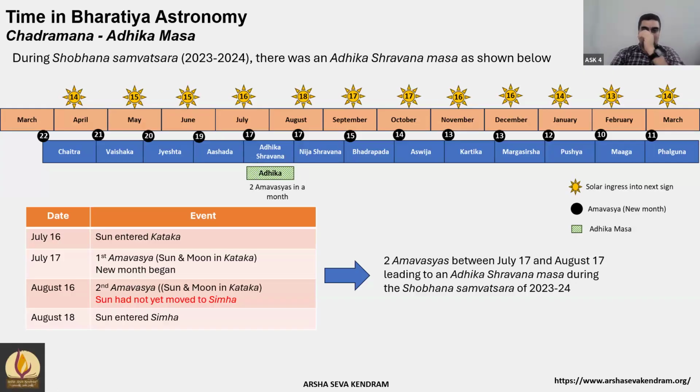If time permits, I could show this using the Jagannath Hora, but probably in the interest of time, I will skip it. But the point to remember here is that the Adhika Masa is basically two Amavasyas happening within the same lunar month, which happens once in typically 3 years, approximately, and exactly 7 times in a span of 19 years.